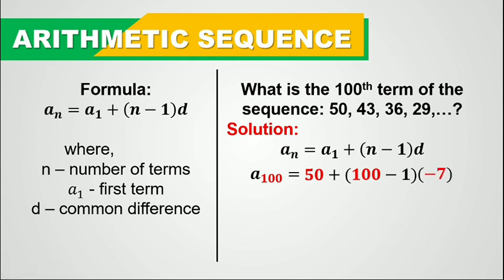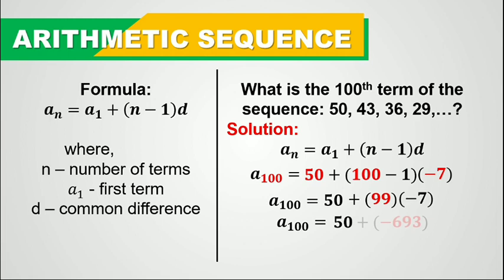Alright? So you really have to be aware of this. Be careful on this part. The subtraction should be from right to left, not from left to right. Now, let's copy: a sub 100 equals 50 plus 100 minus 1, that's 99, times negative 7. So a sub 100 equals 50 plus 99 times negative 7, that's negative 693.